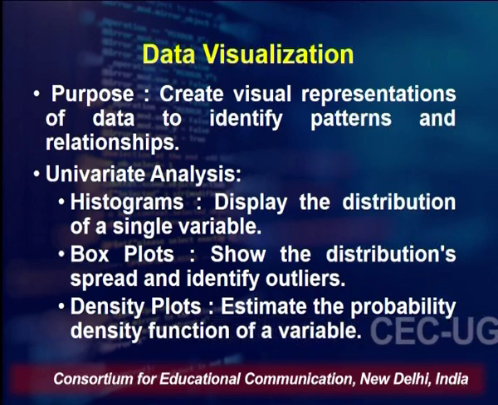In a box plot also we are looking at one variable, but at three attributes of the same variable, that is how it is distributed, what its spread is and what the outliers are.